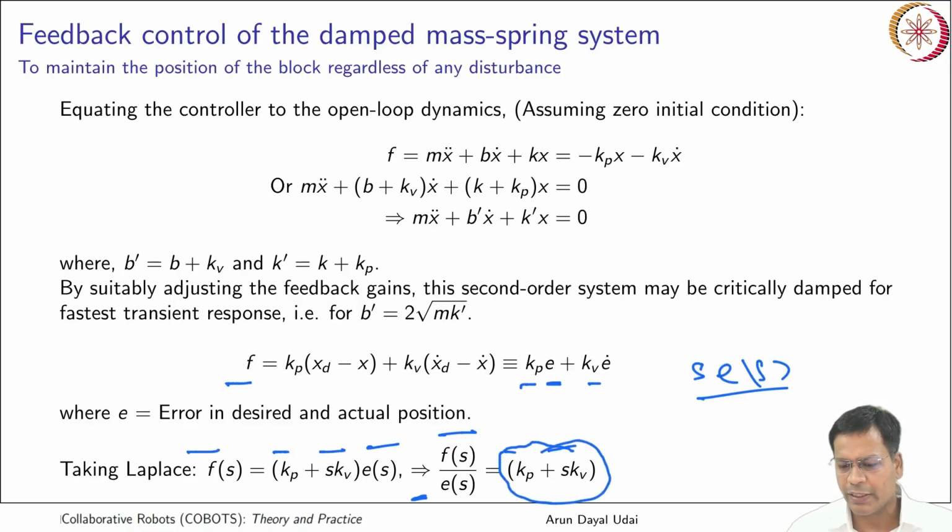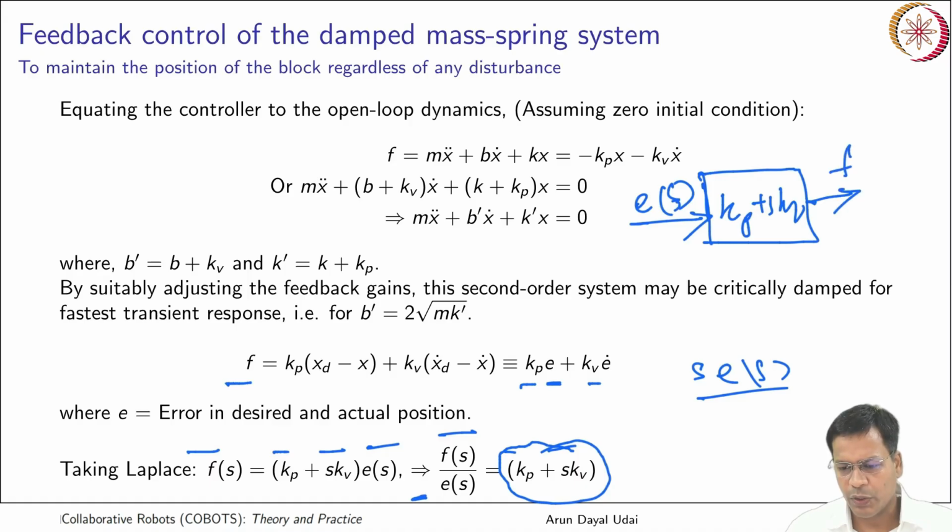If I represent that as a block, my block has a controller which is given by kp plus s kv. Input is my error, it gets into this, and finally you get output as force.